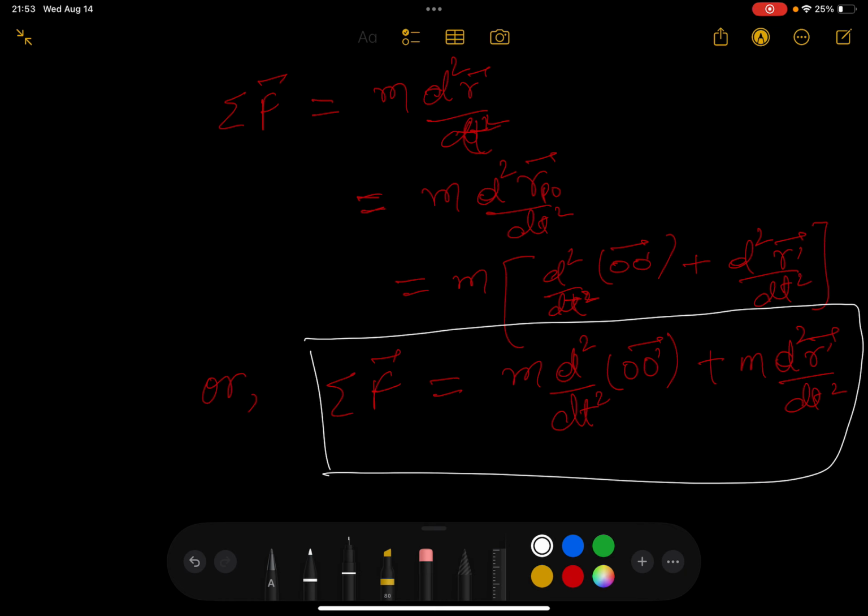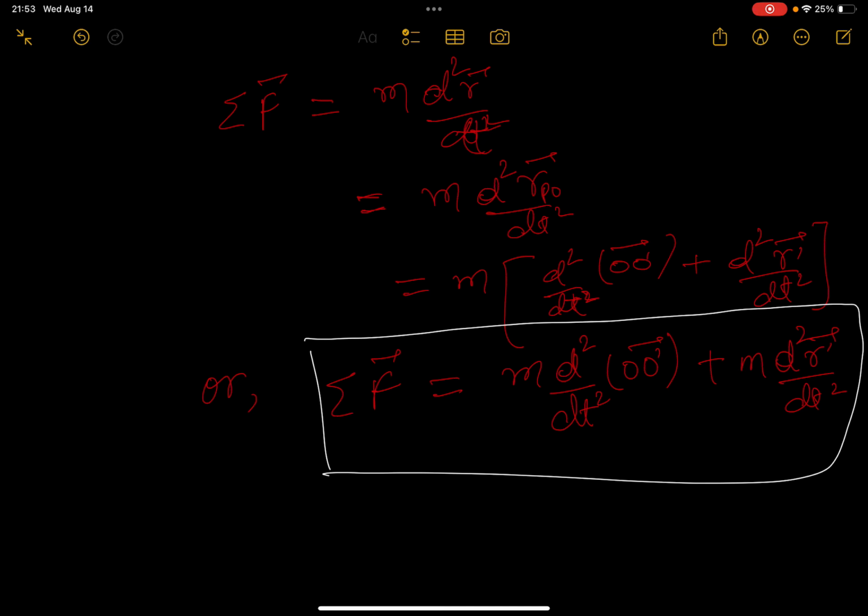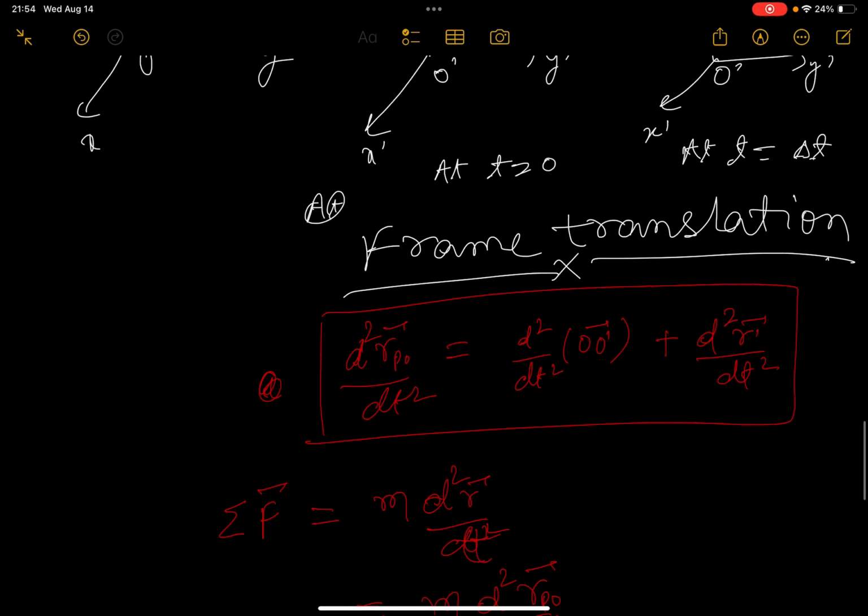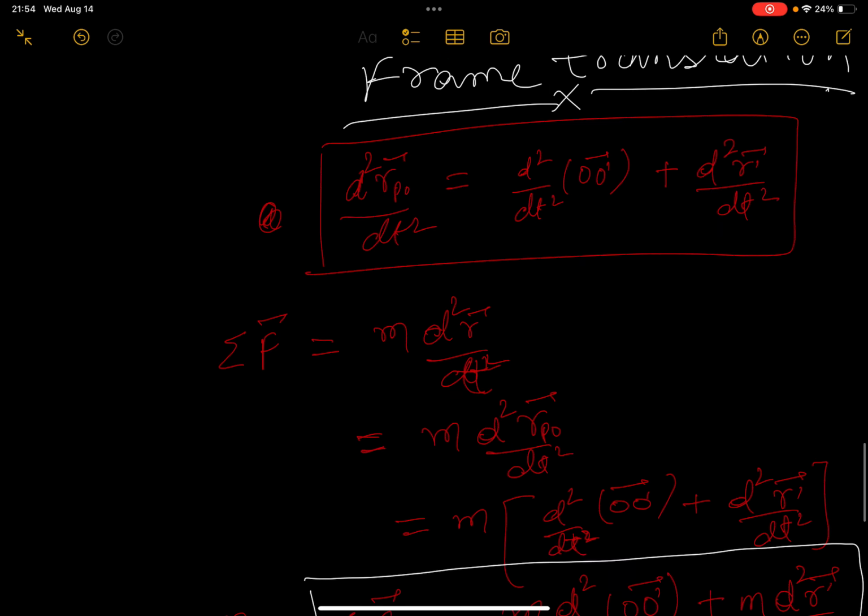So you can see one amazing point about this Newton's second law, that the summation F is the summation of m d2r by dt square, d2r dash by dt square. Let's see what is d2r dash by dt square.